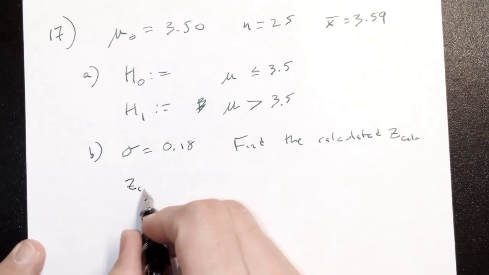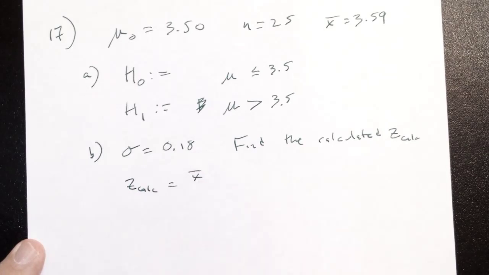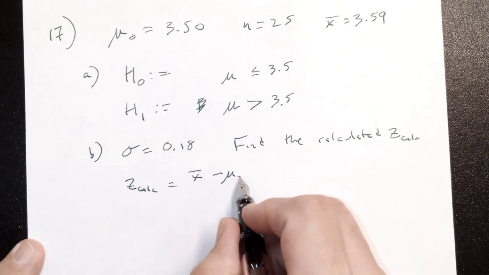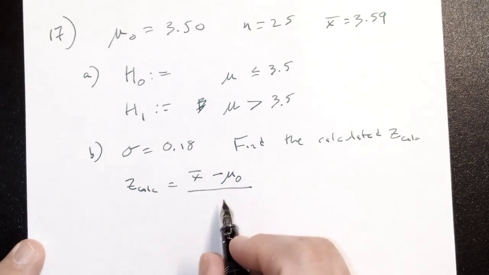Formulaically, I take my test value, the one I computed, subtract the expected value, divide by my standard error.